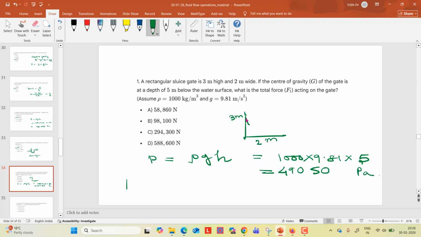And the force F_t will be P into A, 49050 into A, which is 3 into 2, that will be 294300 Newton. Simple pressure-height problem. It is option C.